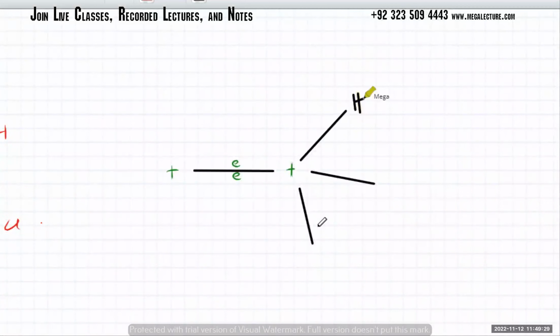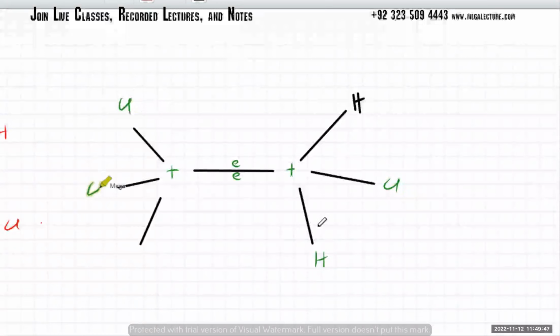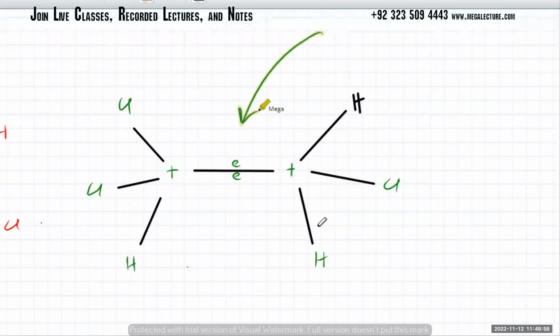So let's say there's H and there's C and there's Cl, and maybe another H, right? And this side as well. It's going to be bonded to different things. Like you might have 2 Cls and an H. Now, the point I'm trying to make is that rotation is possible around a single bond.